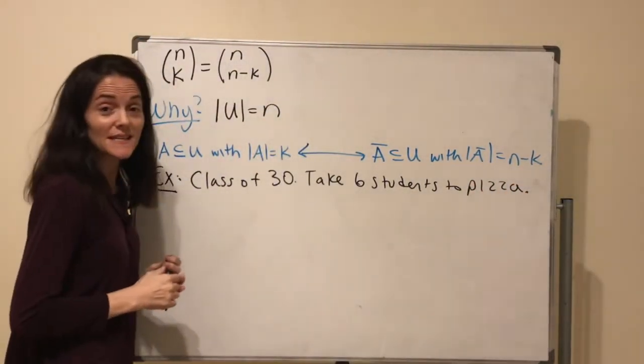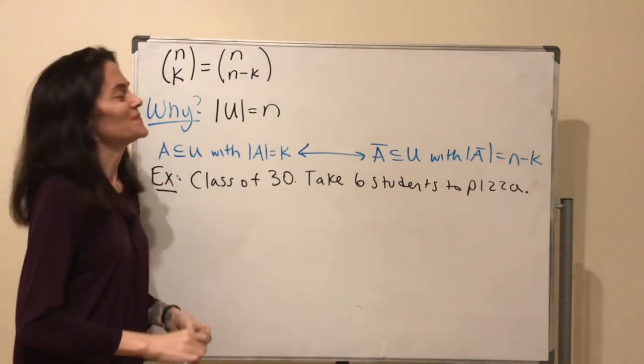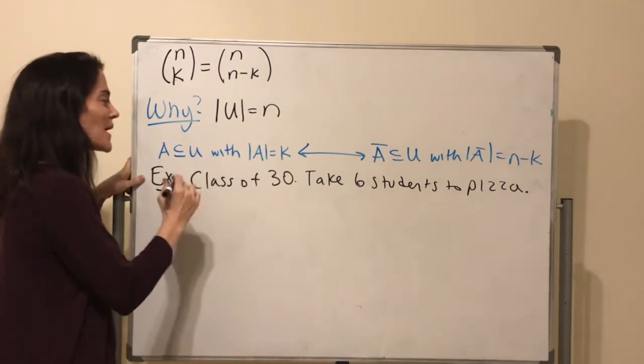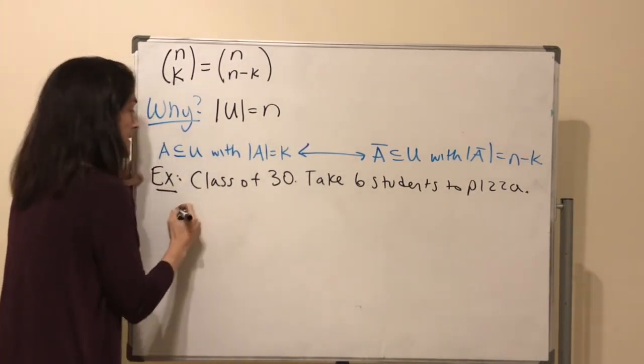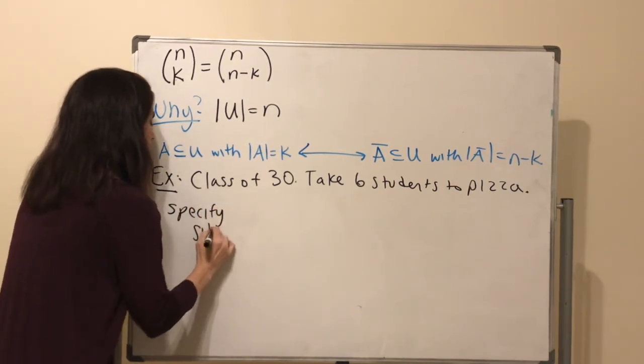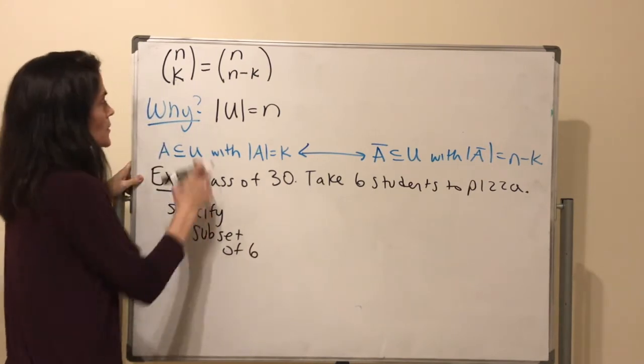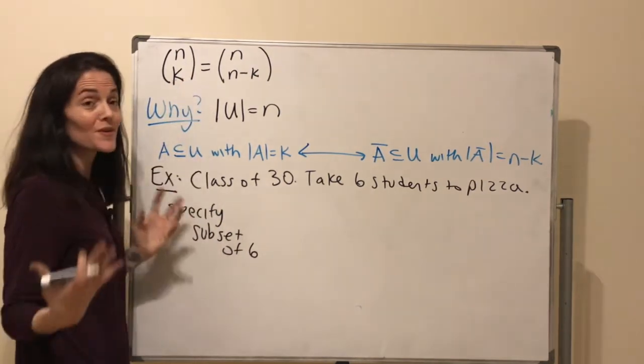There's no order to this. It's just I have a group of students, 6 of you, and we're going to pizza. Okay, well, I could specify the 6, and this is one choice. There would be 30 choose 6 number of ways to do this.